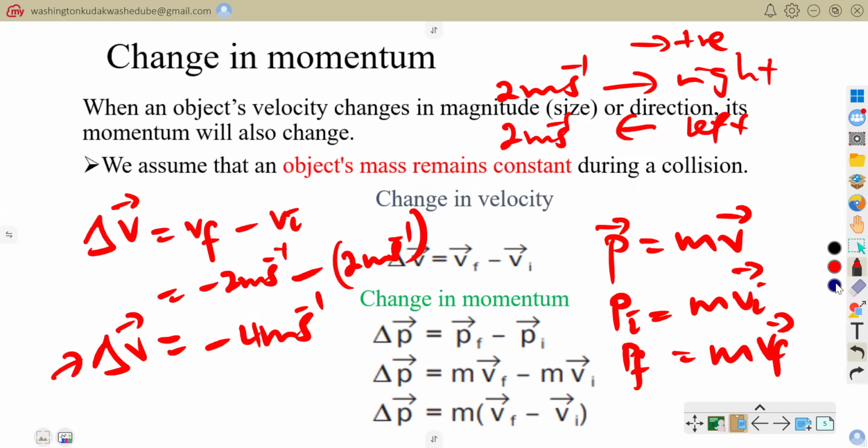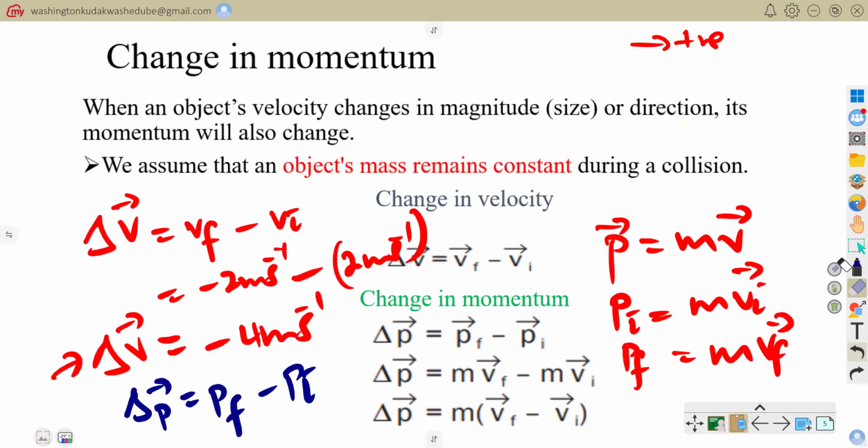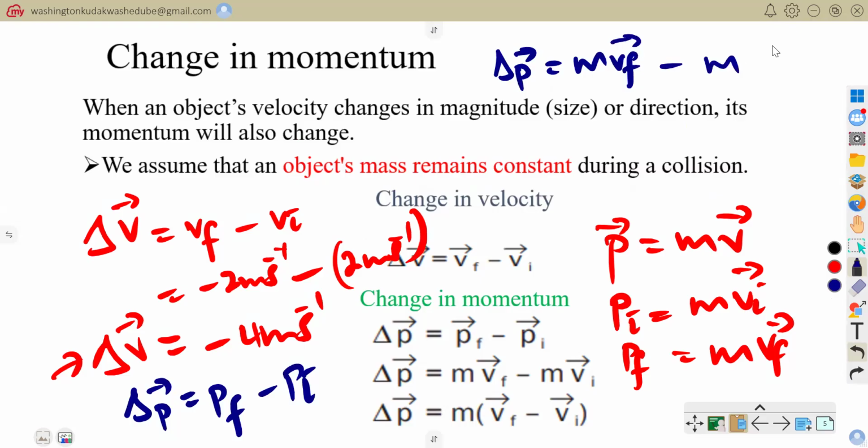So my change in momentum would be given by final momentum minus initial momentum, which is mv final minus mv initial.